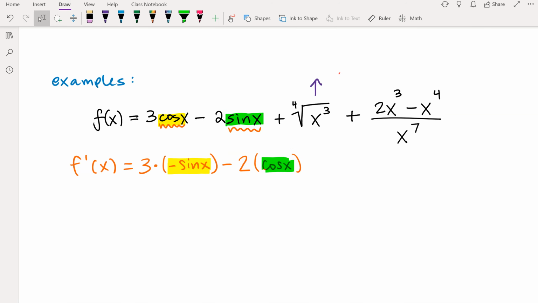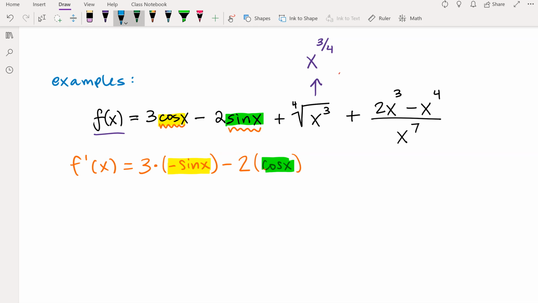So I want you to tell me what is the fourth root of x cubed the same as? If I wanted to write that with an exponent, what would I write? All right, the fourth root of x cubed is x to the 3/4. I have not taken a derivative yet. This is the original function, f of x, but I'm doing that so that I can use the power rule.